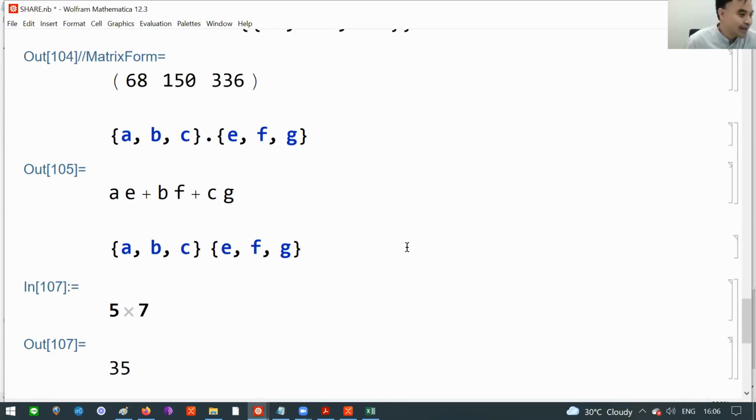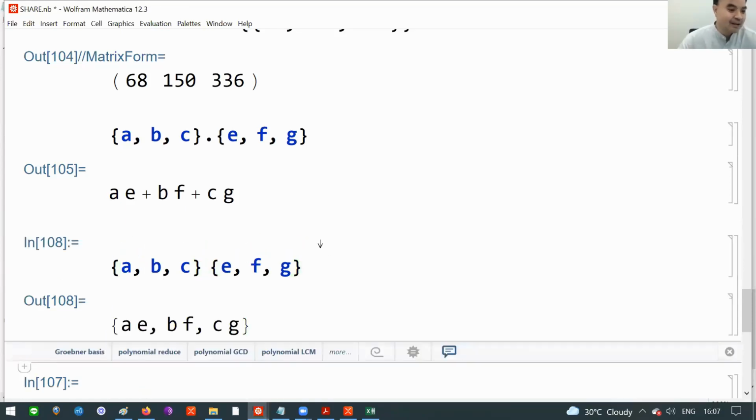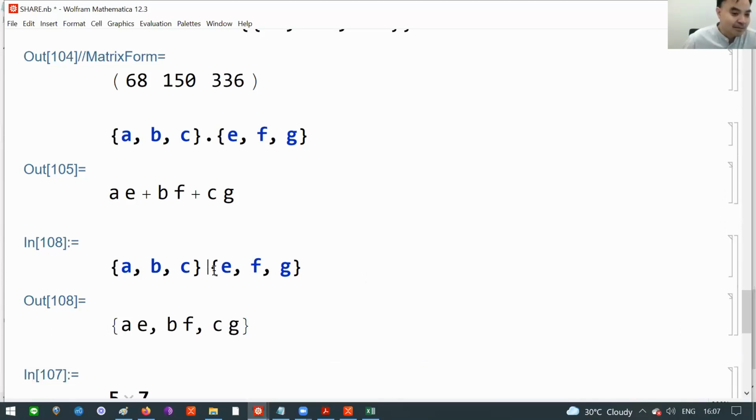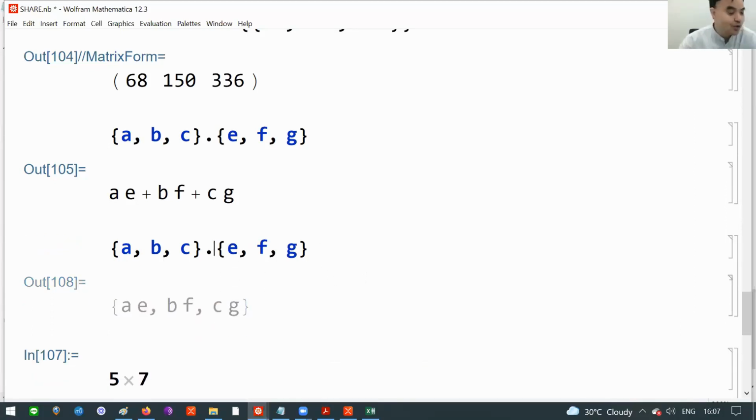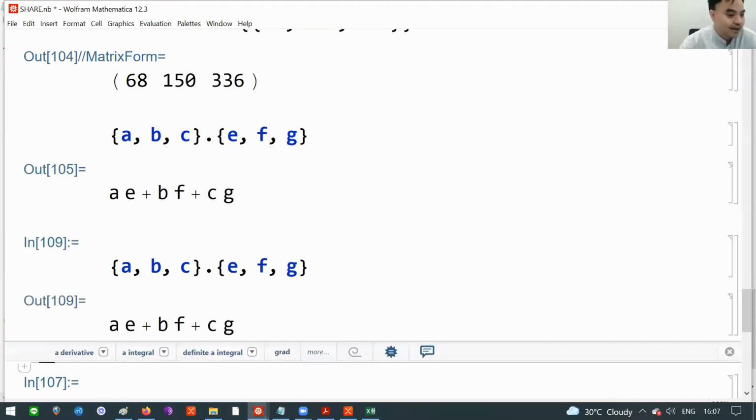Now it's not doing it as a mathematical object, it's treating it as a list. So you multiply A by E, B by F, okay? So this becomes element by element. This is not a mathematical operation. This is like list programming, a list operation. But definitely if you do this, it's interpreting it as a mathematical one.